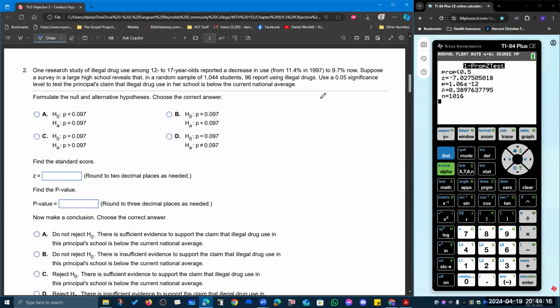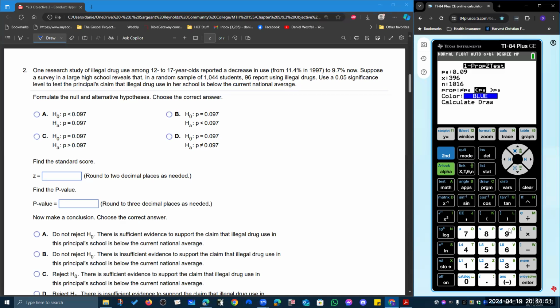Suppose a survey in a large high school reveals that a random sample of 1,044 students, 96 reported using illegal drugs. Use a 5% significance level to test the principal's claim that illegal drug use in her school is below the current national average.